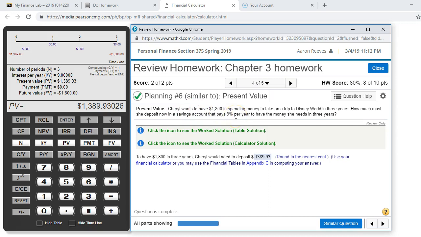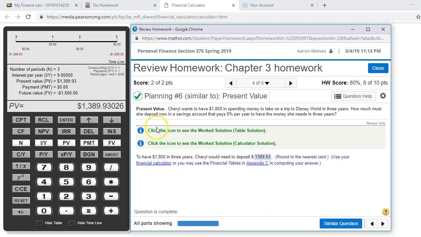If she does that, she will have in her account $1,800 at the end of 3 years. So here are 3 examples of how to use a financial calculator in order to determine the future value, the payment amount, as well as the present value.